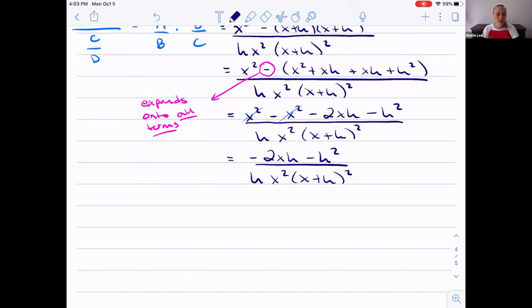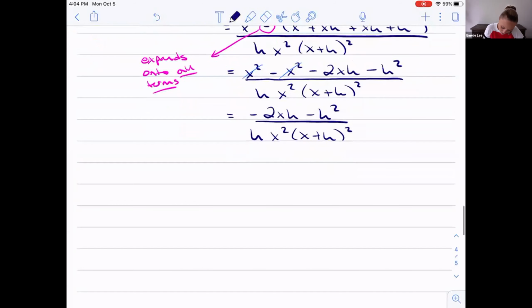Okay, so there are a couple of things I can do here. The first thing I want to do is pull out a common h here and cancel it with this h in the denominator. That'll make things look a little bit nicer. But I'm also going to pull out a negative, right?